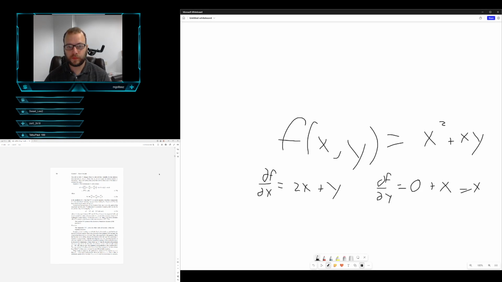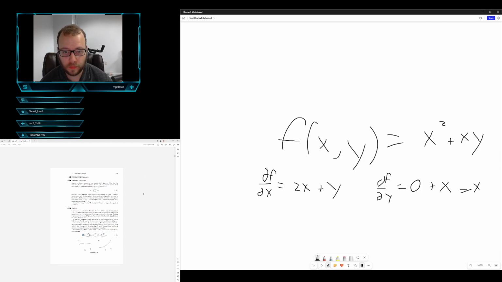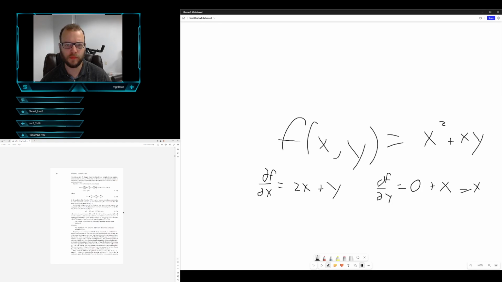So, we want to know what the gradient is. Well, we have this dt, which looks kind of like our dot product definition. We have some quantity a times some quantity b, a times b, a times b, all added together.